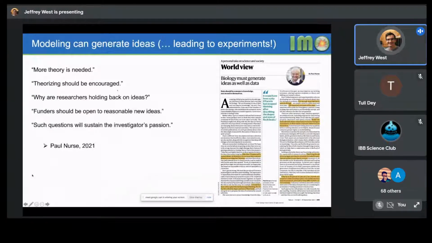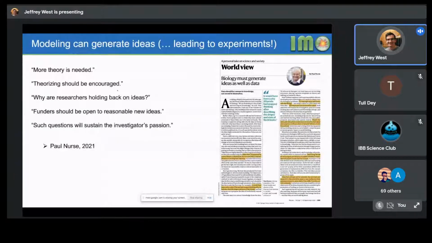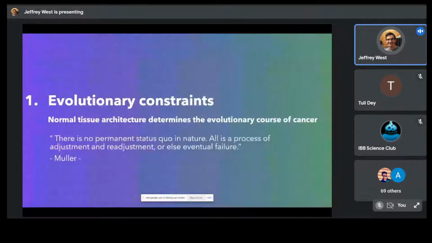We need mathematical models to implement new ideas. We don't just need to generate data, we need to generate ideas too. And these ideas will sustain our passion for mathematical oncology and oncology in general. Okay, so that's all by way of background, and now we're going to look at a hypothesis-generating model.